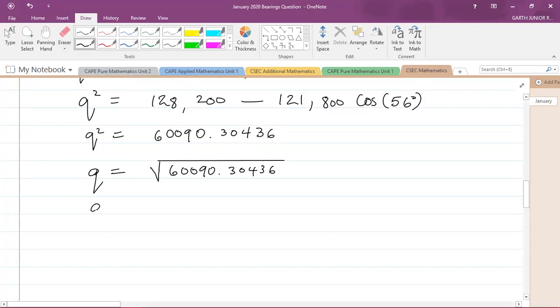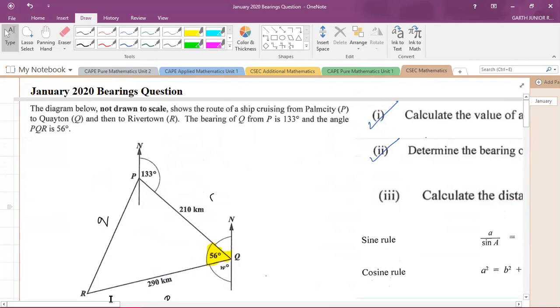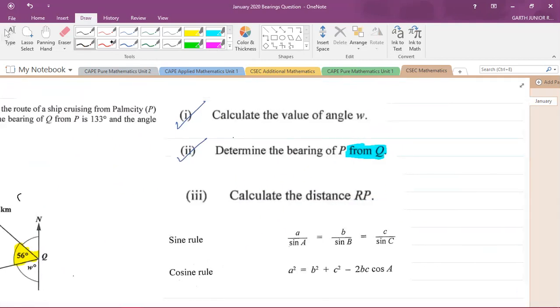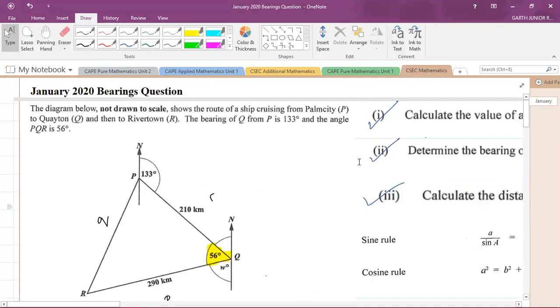If you put that into your calculator, I will get 245.13 to 2 decimal places. Great, and that is my answer for the third part of the question, which says that we are to calculate the distance RP. That is the solution for this bearings problem from the January 2020 past paper.